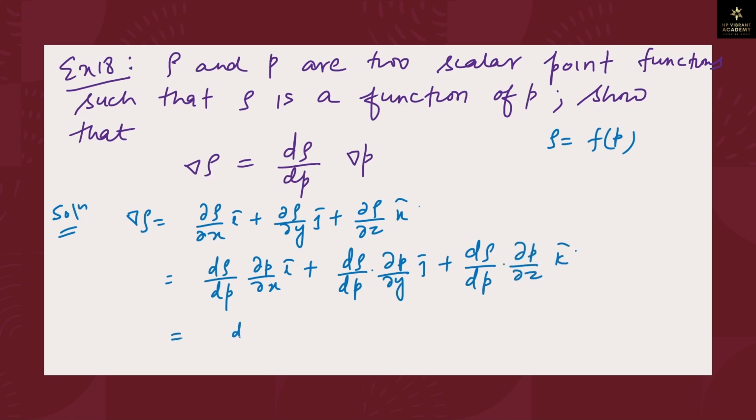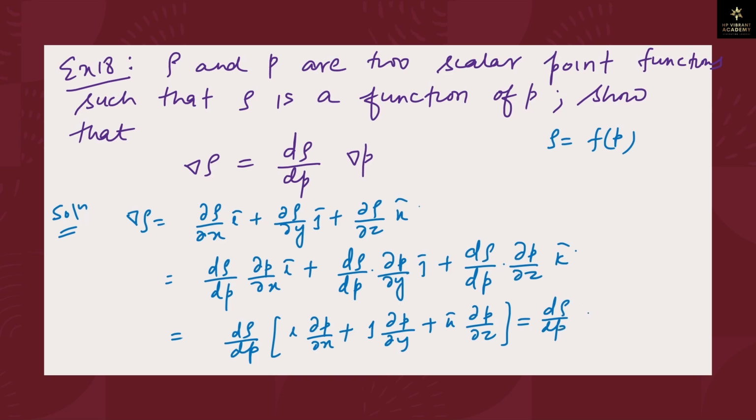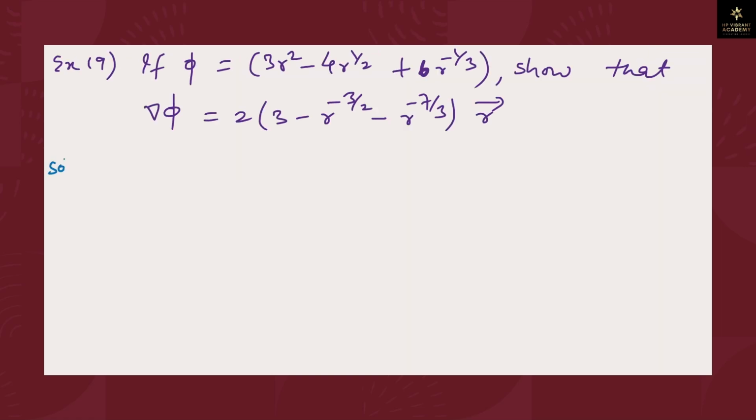Let us take d rho upon dp outside. So this is i cap del p upon del x plus j cap del p upon del y plus k cap del p upon del z. This is equal to d rho upon dp into del of p.